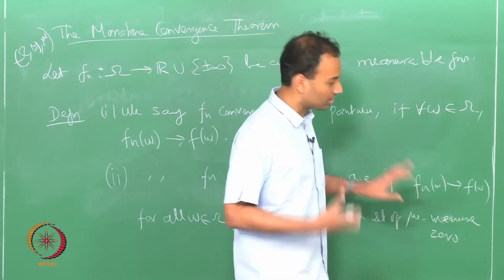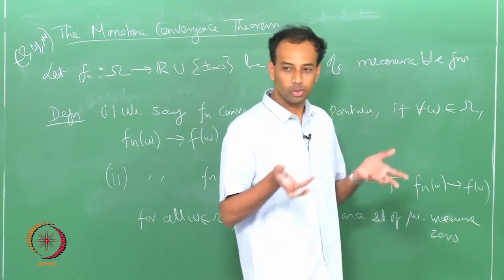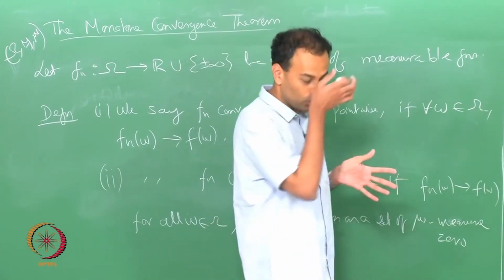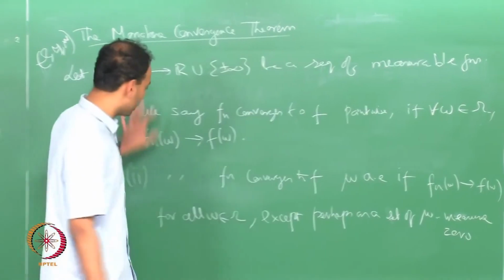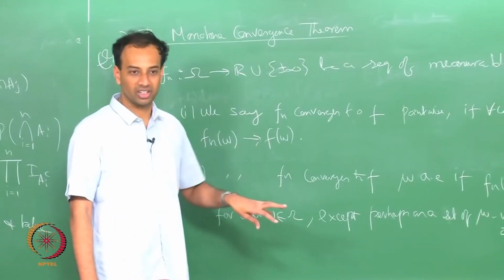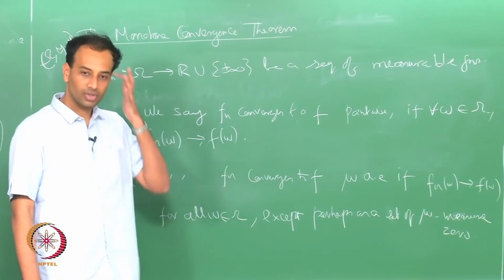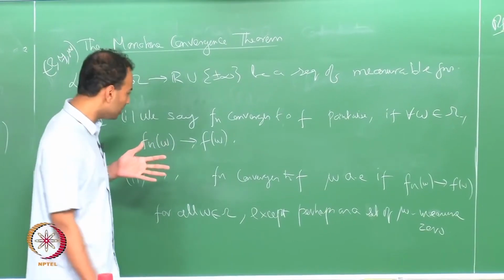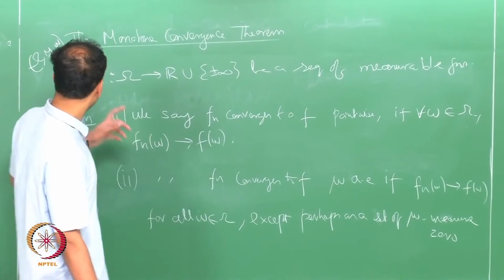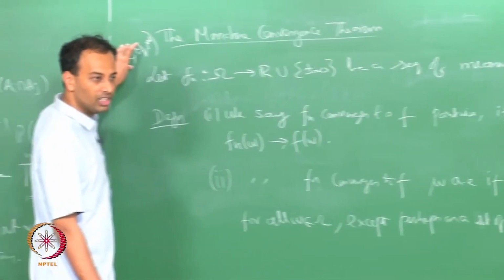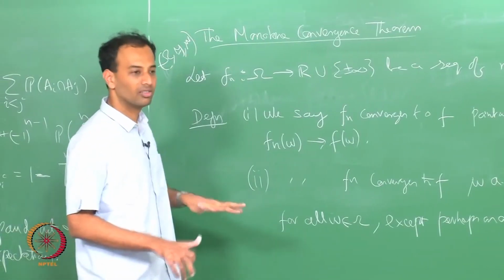On that set you may not have convergence, you can't quite say what f n of omega is doing on a zero measure set, but outside that zero measure set you have convergence. In other words, there is a subset A of omega which has full mu measure where convergence happens.